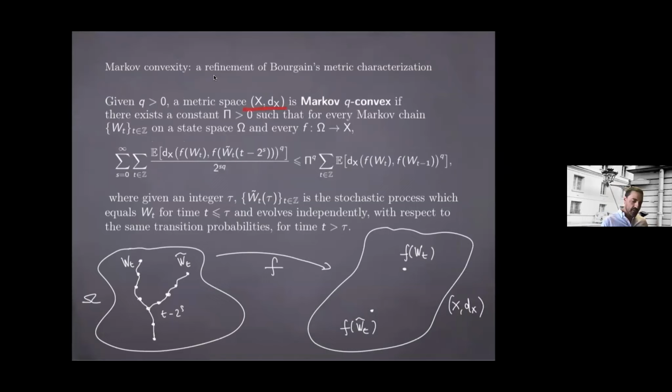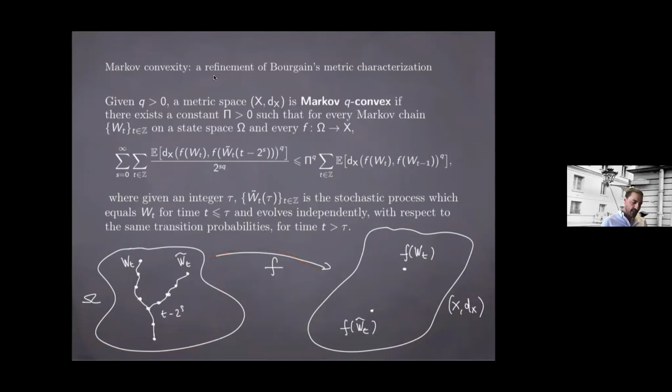You have a metric space, okay? And we say that the metric space is Markov q-convex if the following happens. You're looking at Markov chains taking values on a state space omega, and you look at a map from omega into X. So this is your metric space X. You have a state space here where Markov chains take their values, and you have a map in between.